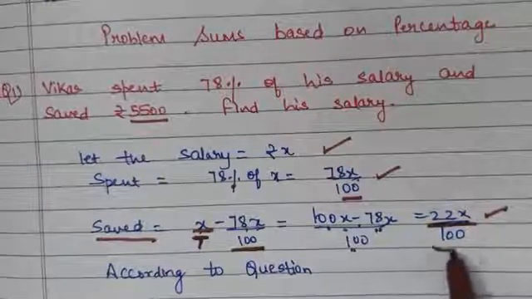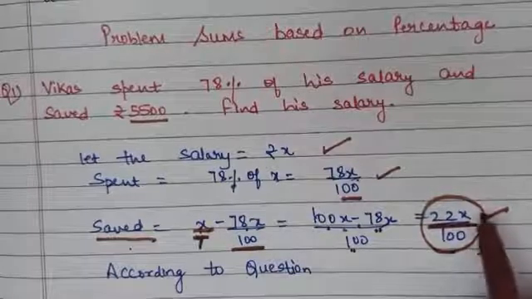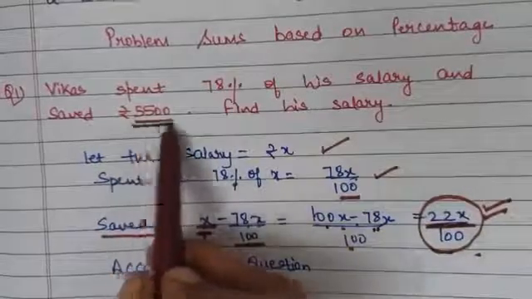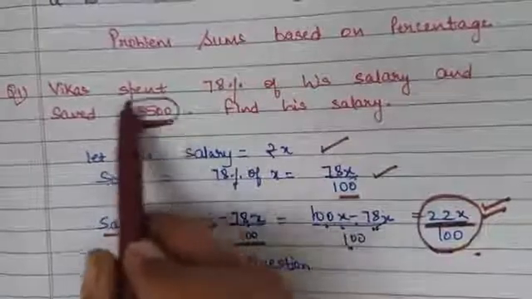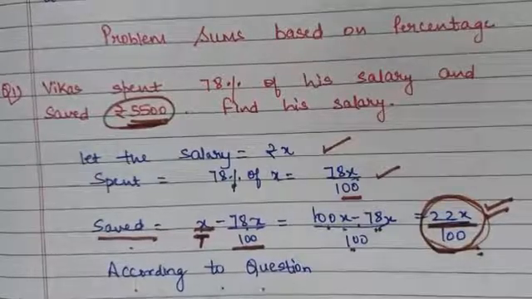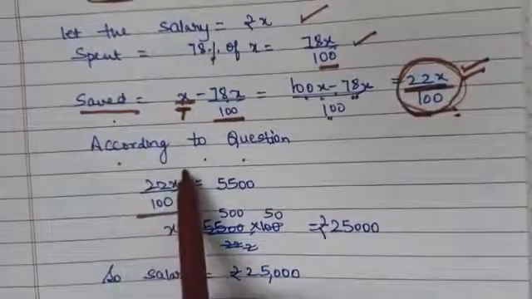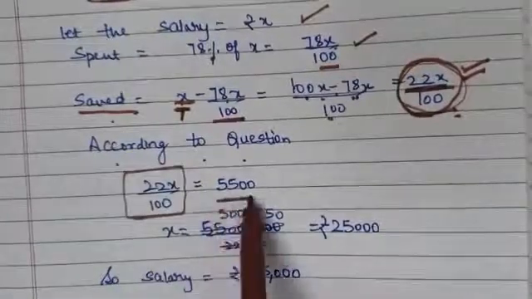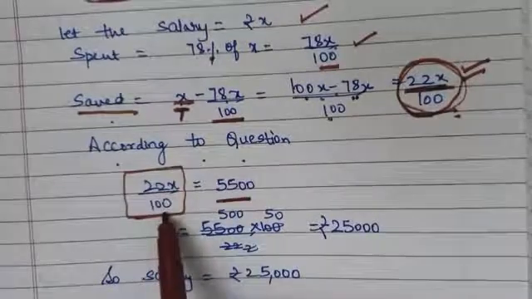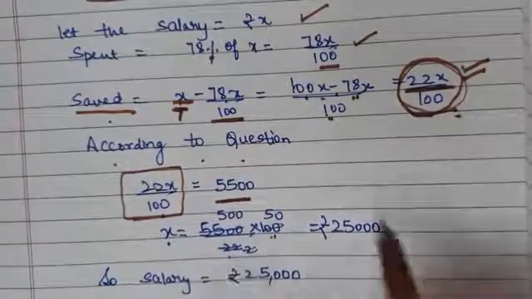Now this is the salary he saved, which we have found in the form of X. And this is also the salary he saved. These both are the salaries he saved, so according to the question, they must be equal. So salary saved equals salary saved. Now X will remain here, and this 22 upon 100 will go there, so it will form 100 upon 22.